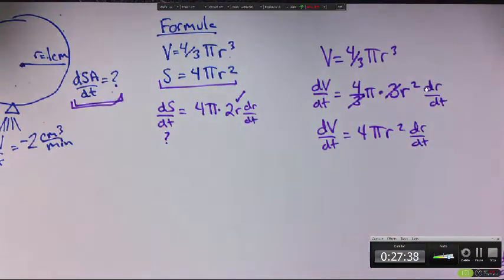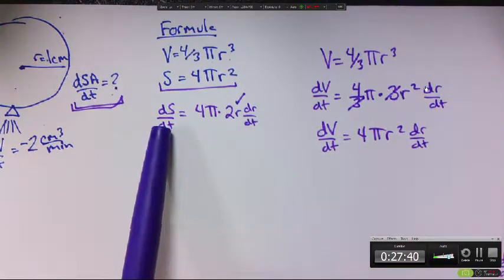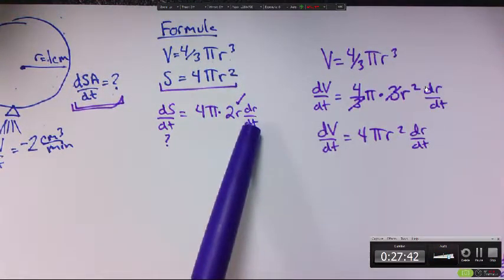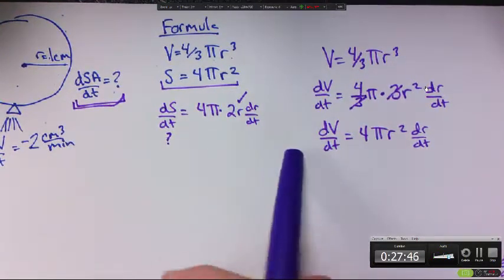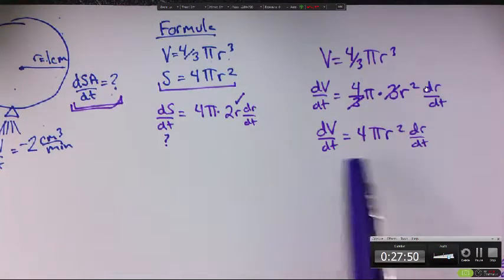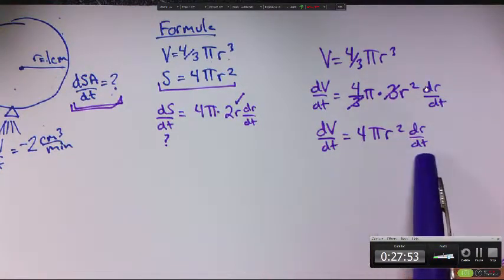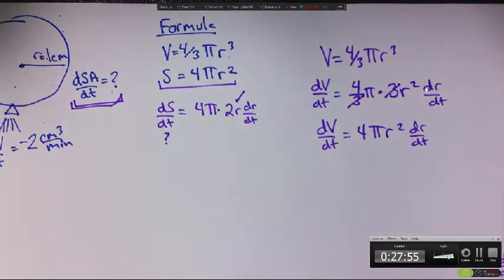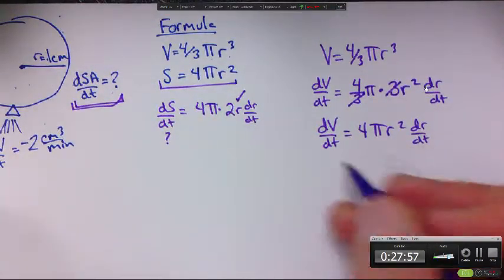And if you notice, in order to find the rate of the surface area, we need the radius and the speed or the velocity of the radius, how much it's changing. If we differentiate the volume formula, we have a formula that involves radius and the rate of change of the radius. So now we can use this to find the rate of change.